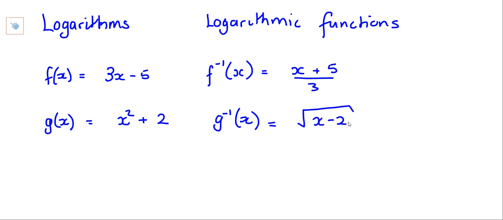Why wouldn't it be just the x? Because if you think about what you do to x, the first thing you do is square it, then you add 2. So if I go back, I start with x, I minus 2 first, and then I square root. The square root has to happen to the minus 2 as well, because the minus 2 has already happened. So that's when we rearrange things.